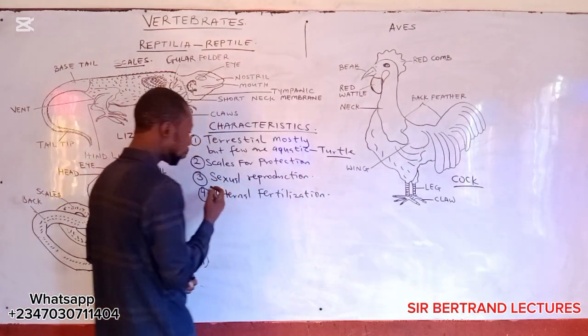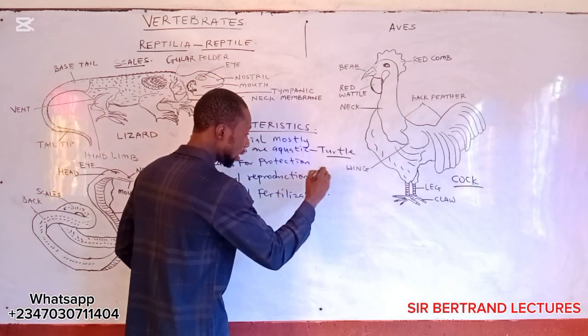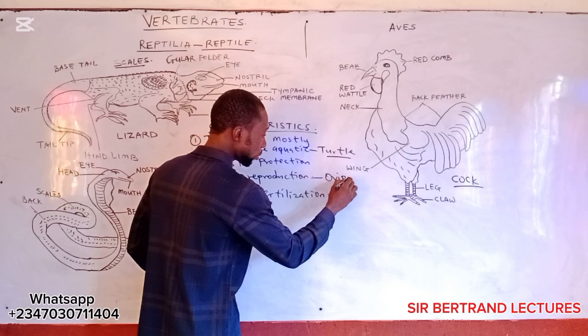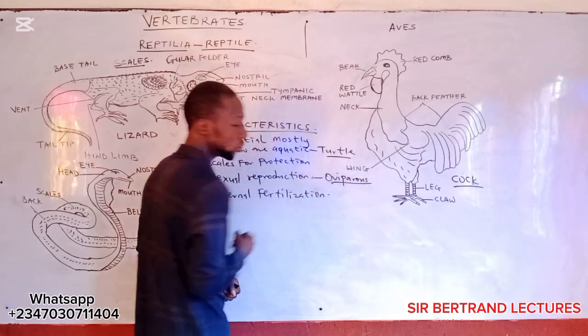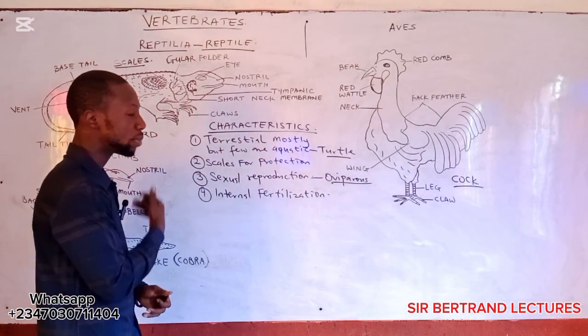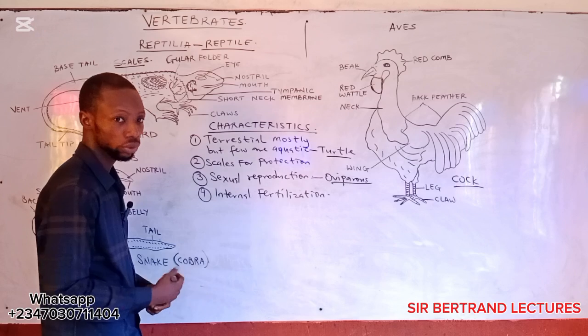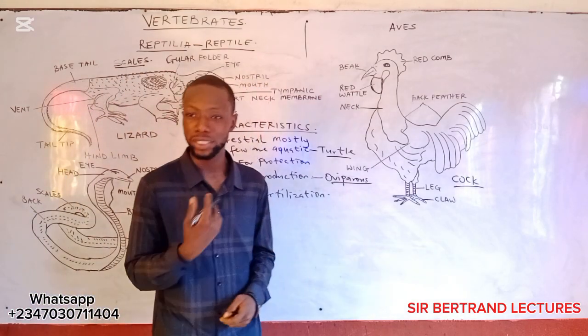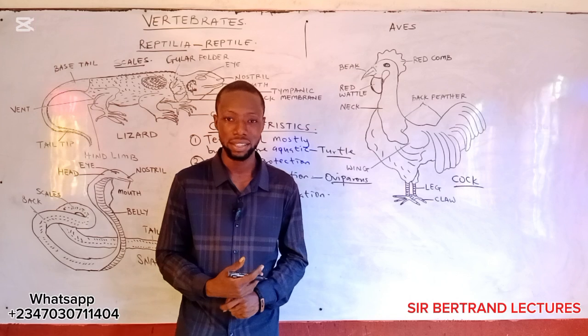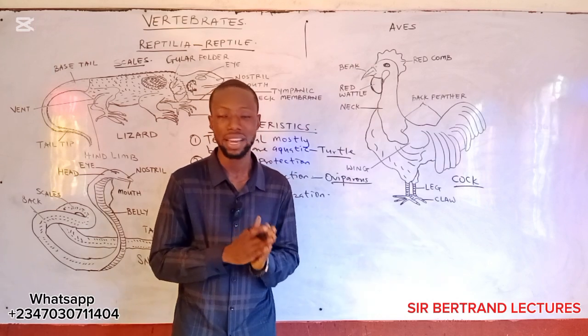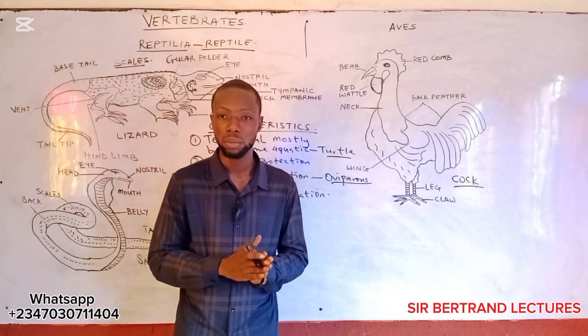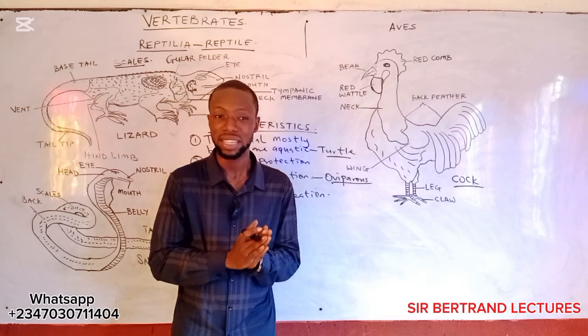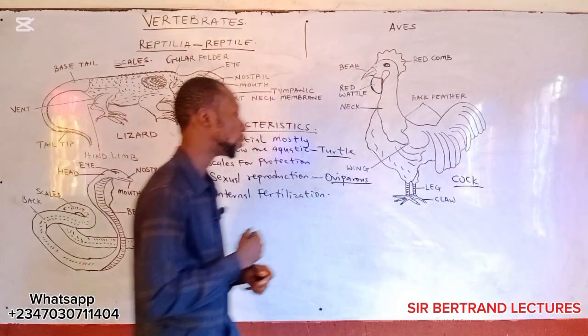They reproduce sexually, but take note that some are oviparous, while some are not. That is to say, some lay eggs, while some don't lay eggs. Not all reptiles are oviparous. But generally their fertilization is internal.